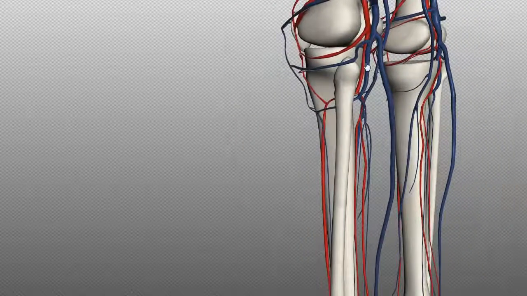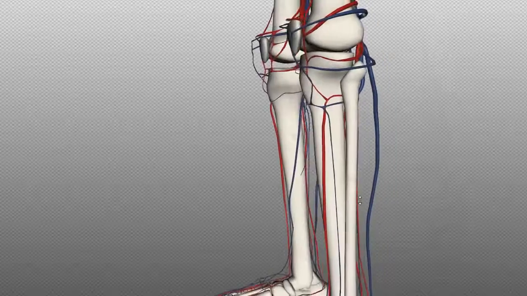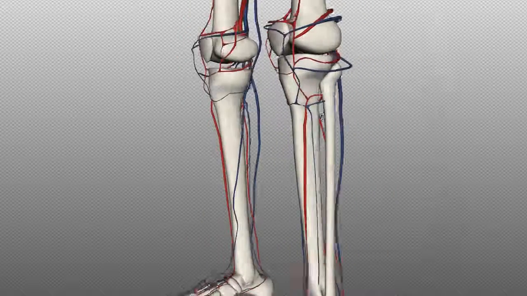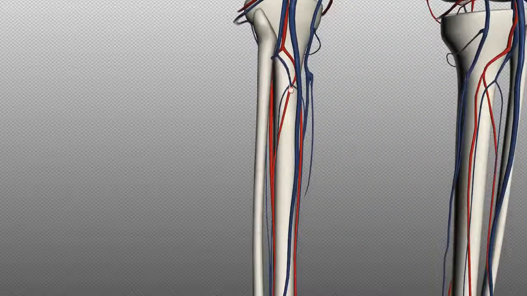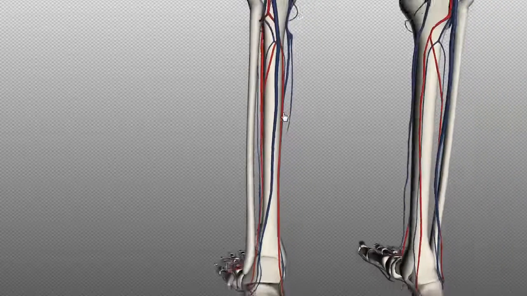So the popliteal vein has a branch, the anterior tibial vein, which goes down the anterior aspect of the tibia, just like the anterior tibial artery. And then you've got these two veins. You've got the peroneal vein, which is also known as the fibular vein, because it runs on the fibular side, the peroneal muscle group, or the lateral muscle group of the lower leg.